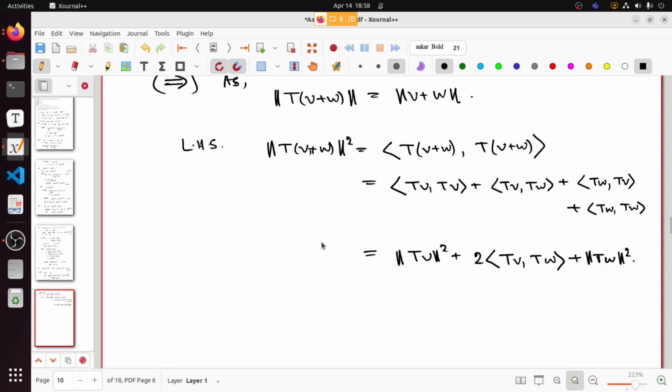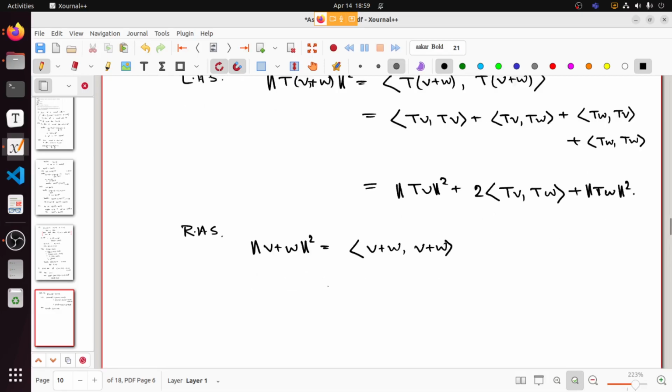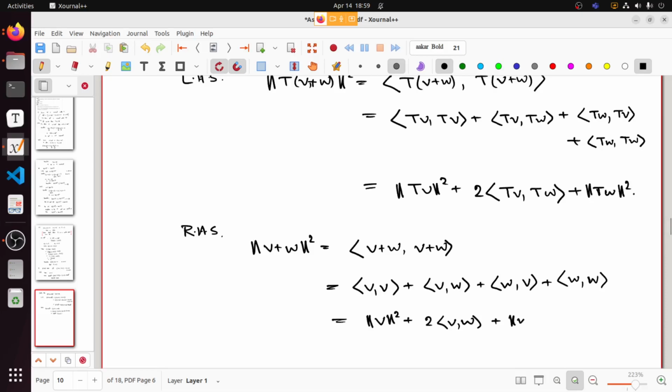And what will be the RHS? Right hand side, this is V plus W, V plus W, right? Then what will it be? V inner product V plus V inner product W plus W inner product V plus W inner product W, right? So the first one will be norm V square plus, again, 2 times inner product VW plus norm W square, right?